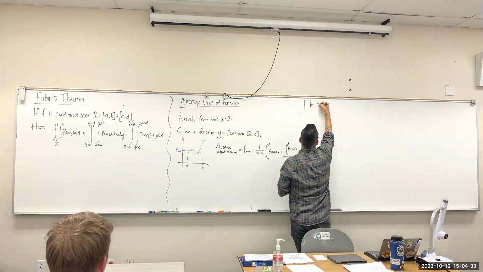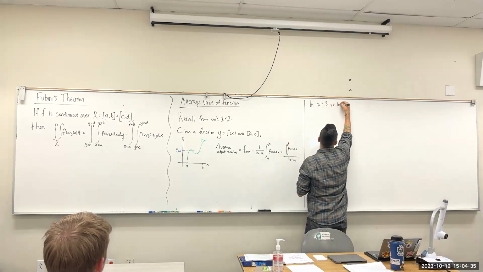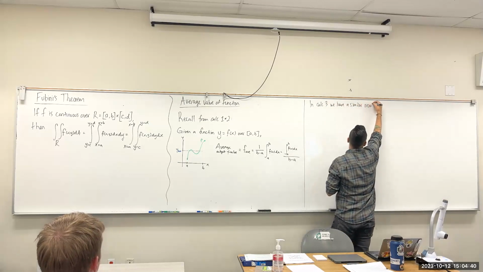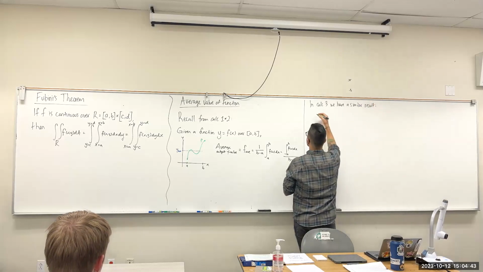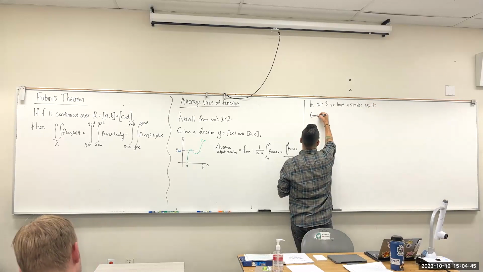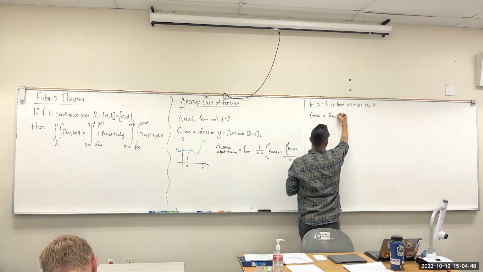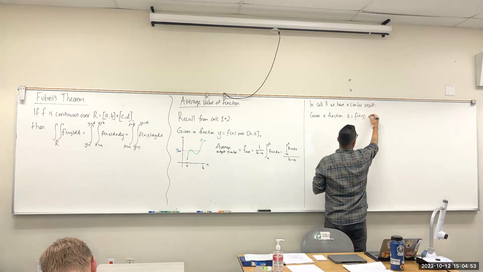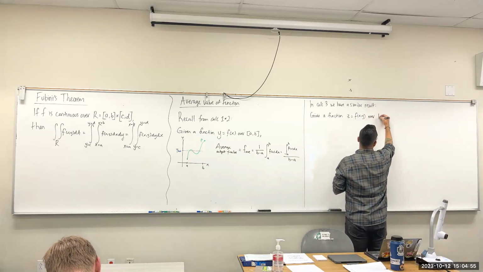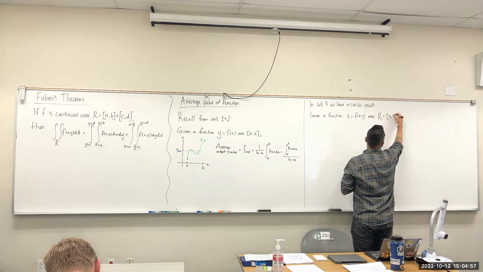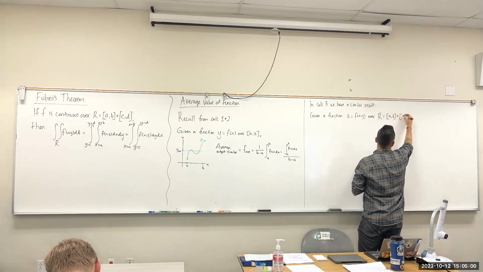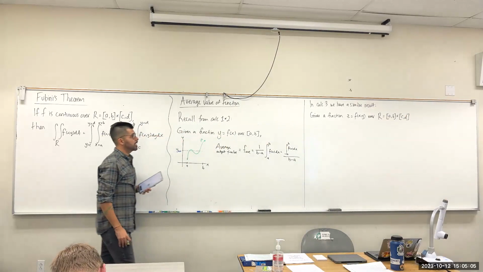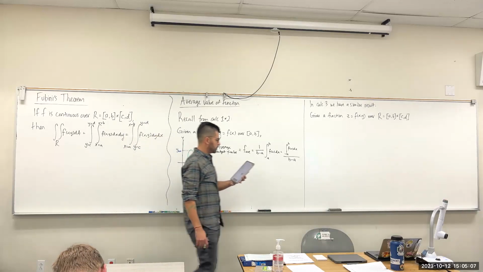So in Calc 3, we have a similar result. Given a function where z is a function of x and y over some rectangle [a, b] cross [c, d], so you have some rectangular region, you have your function.